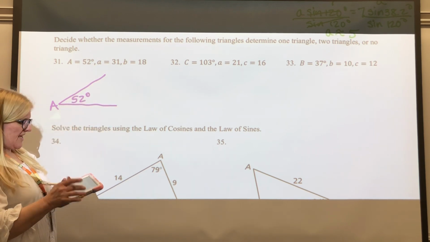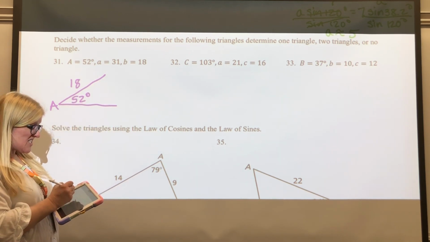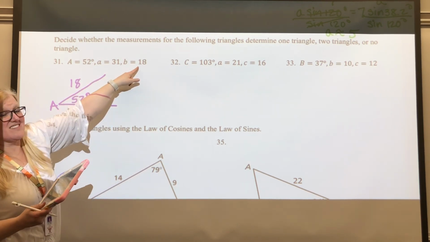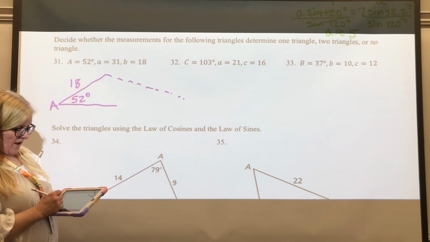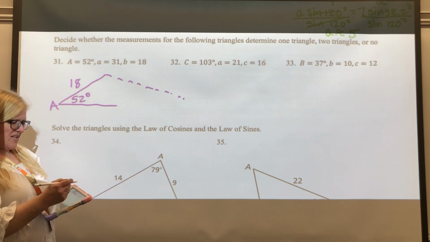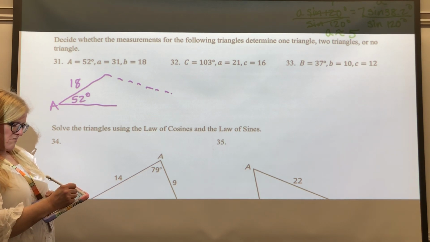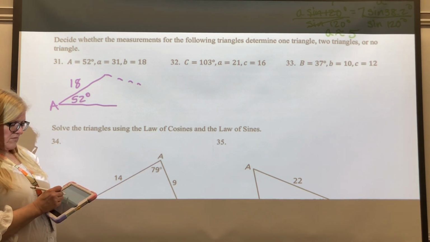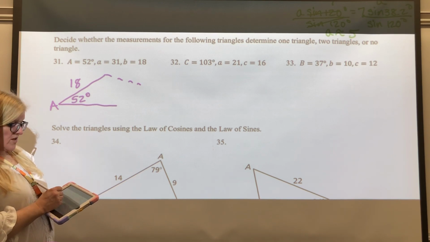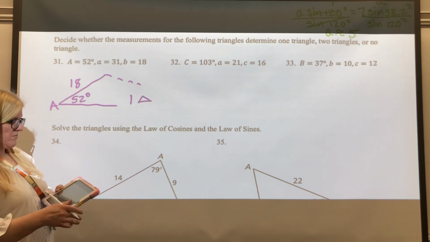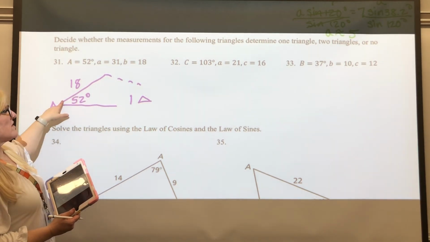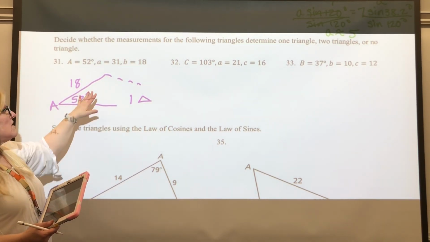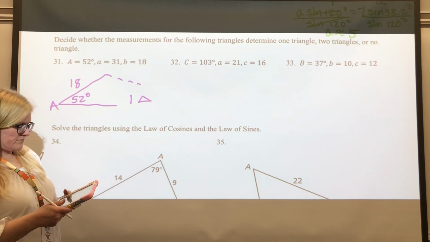Well, side B is 18. 31 is considerably bigger than 18. Okay, so this is going to come way, way out. So there, and I don't want that going into my next problem in 32. So there's only one triangle here, okay? Because 31, this side is way bigger than this side, okay? So there's only one triangle here.